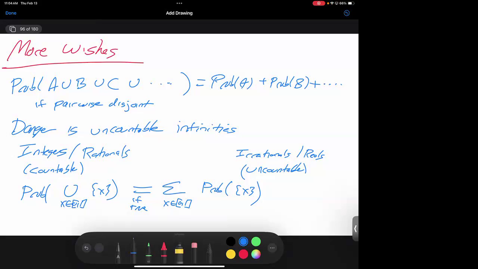And so the problem is there's no way to do this and have something reasonable come out. So pairwise disjoint is not enough. Need more than pairwise disjoint.